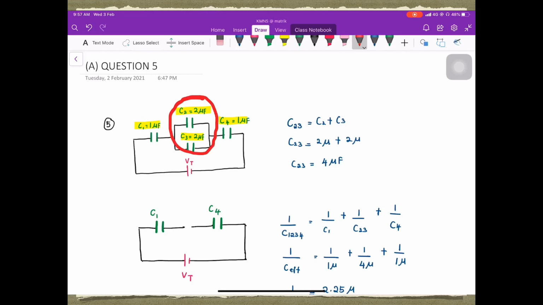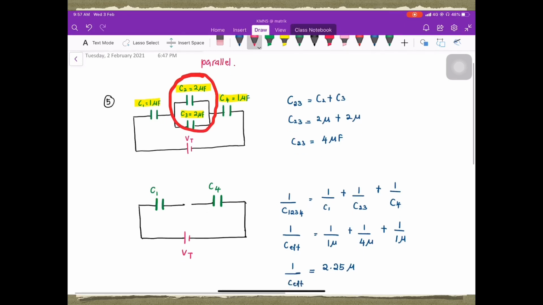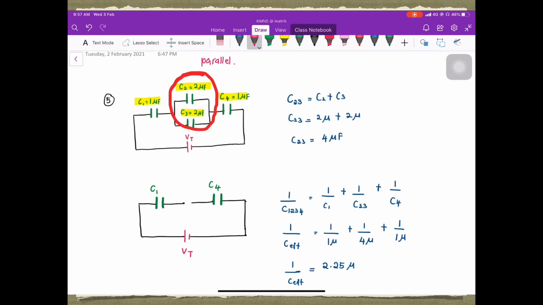Okay, so now C2 and C3 are parallel. When we combine C2 and C3, we get this combination C23. Now how to calculate the combination C23?